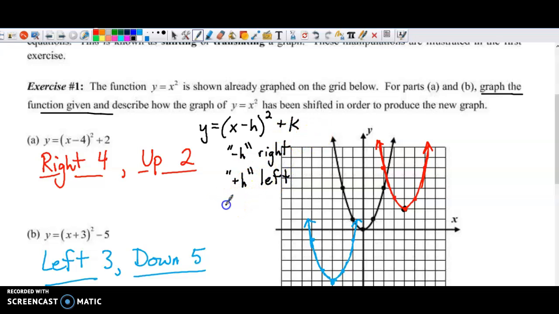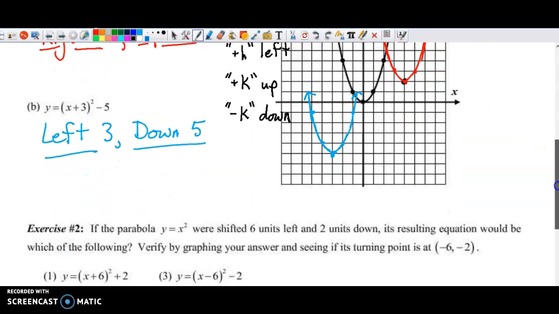On the outside, if you see a plus k, that's how we go up, and a minus k is how we go down. All of those rules apply as we look at our graphing calculator.